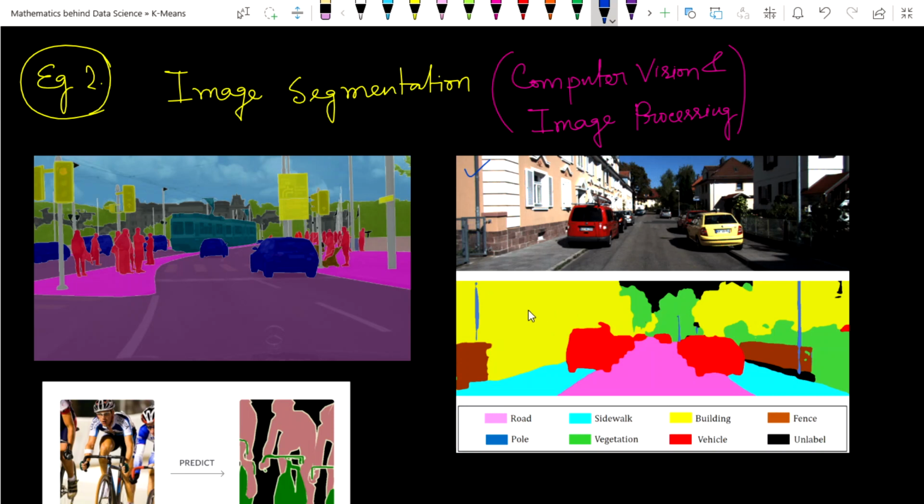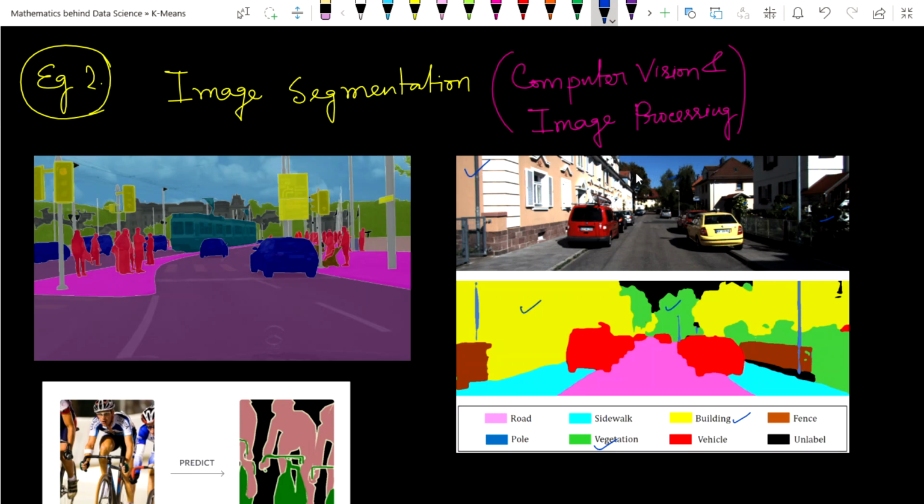Just see the first color, yellow. The yellow color here denotes the building. See the green color in these portions. The green color that appears here is the vegetation, the trees.